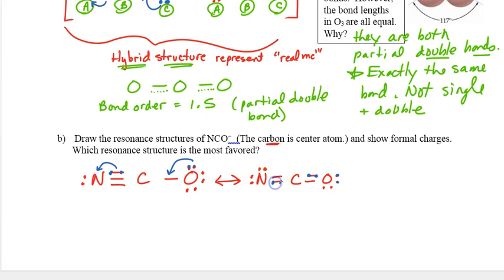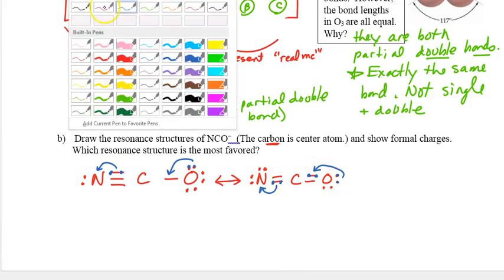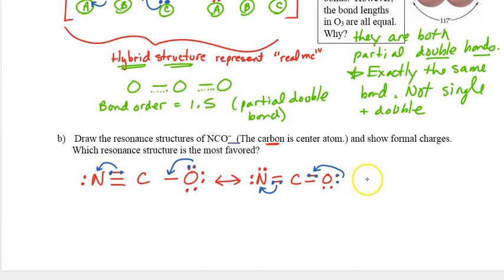So we're going to move this one over here, and then that's going to move the electron pair. I'll move it this way. There we go. That's what I want to do, right? So you can move it over here and then move that one over there. That's going to allow you to get another resonance structure here. So let's see if we can write that one in.